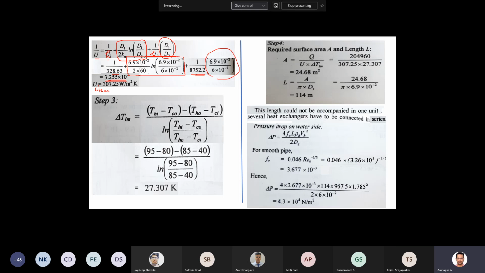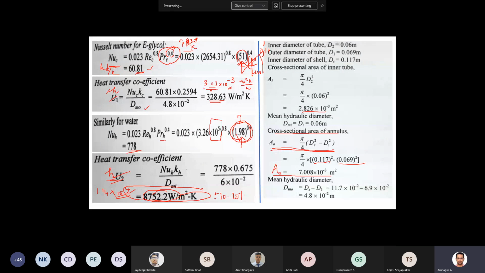So the value of this conductive resistance is around 8.036 into 10 power minus 5 meter square Kelvin per watt. So this is the conductive resistance by the tube wall. Okay, so this is in the order 10 power minus 5.